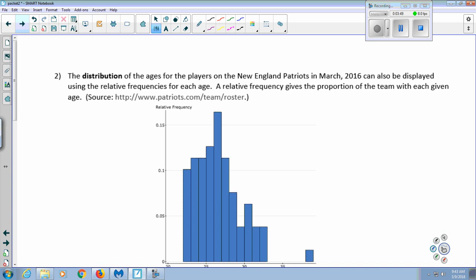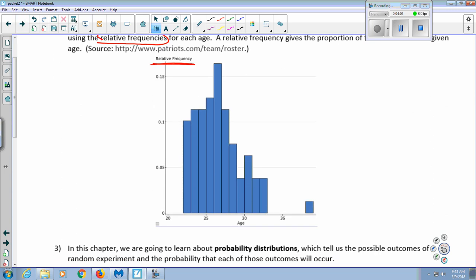So the distribution of the ages for players on the New England Patriots can be displayed using a relative frequency histogram. So this is the same histogram, but now we're looking at relative frequencies. That's over here.